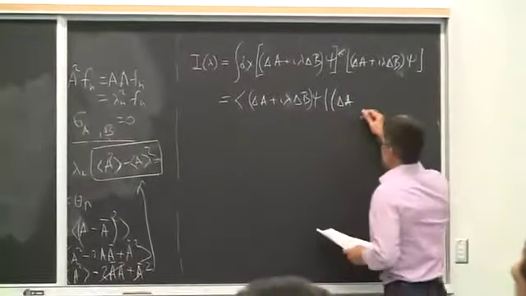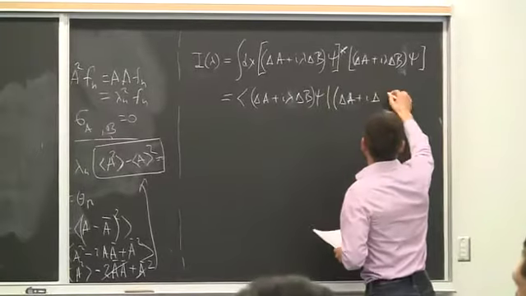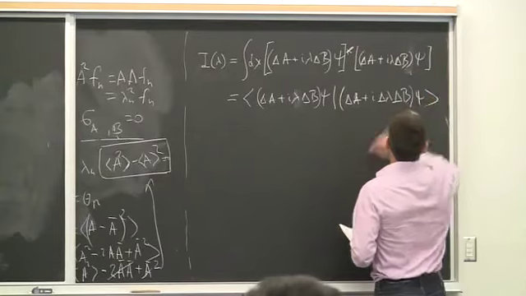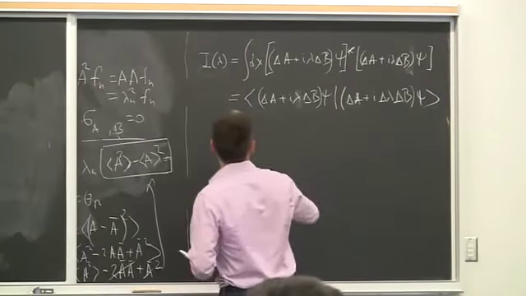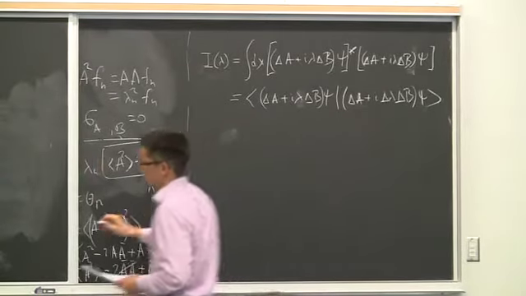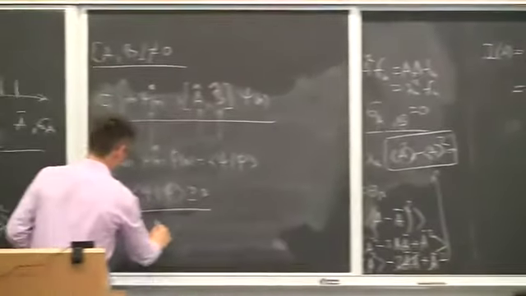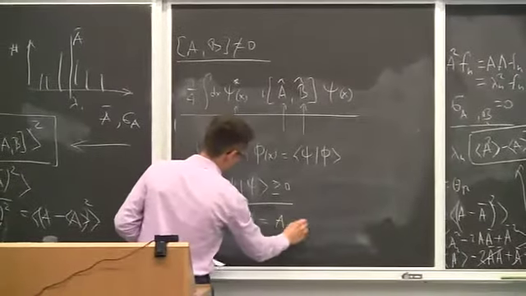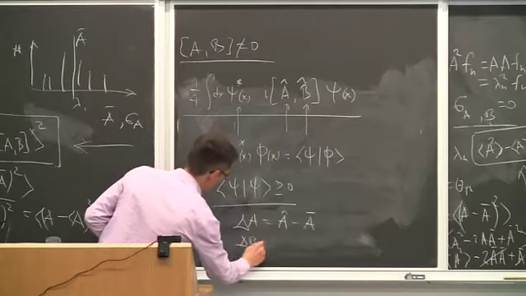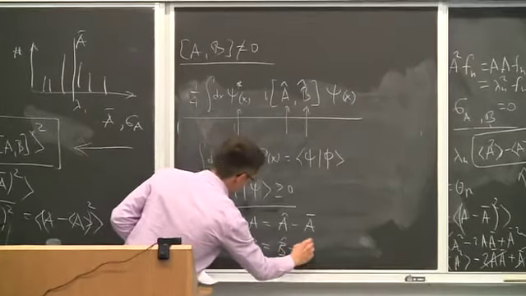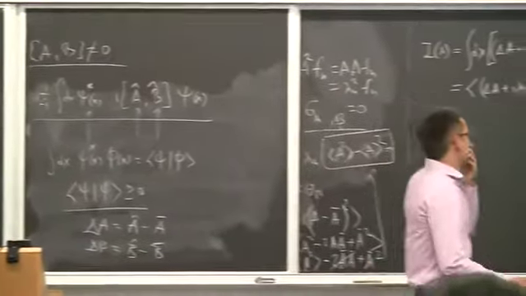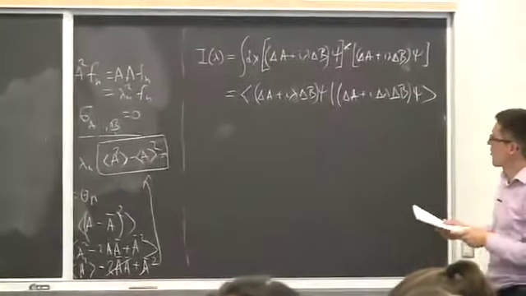Okay. So now, this is the scalar product, and then the delta operators that I wrote here, let me clarify what I mean by them. The delta A is the A operator minus its average, and the delta B is the B operator minus its average, okay? So why is it a functional?